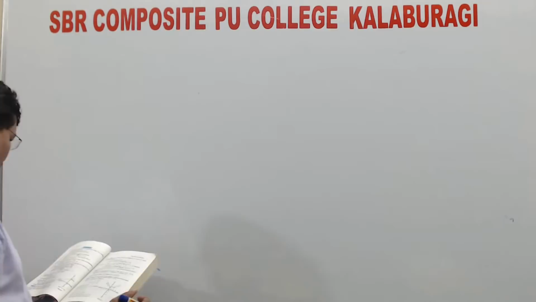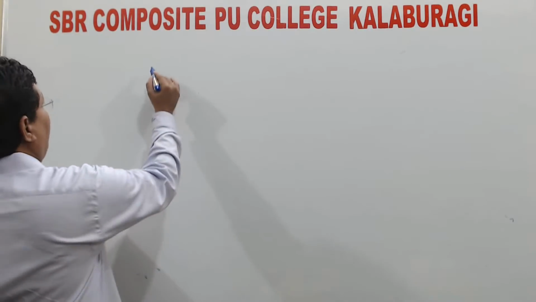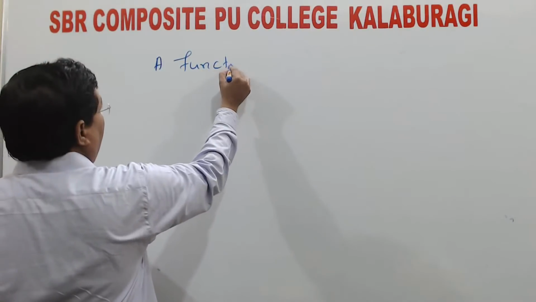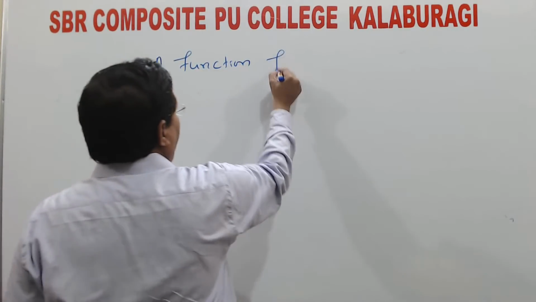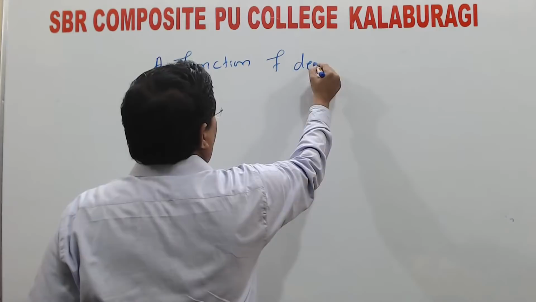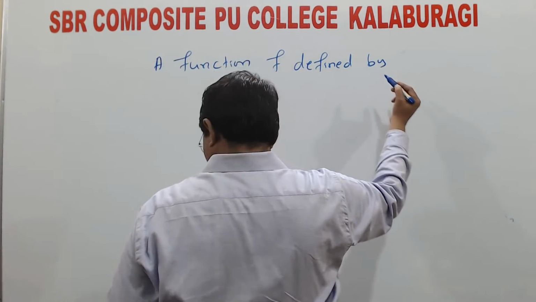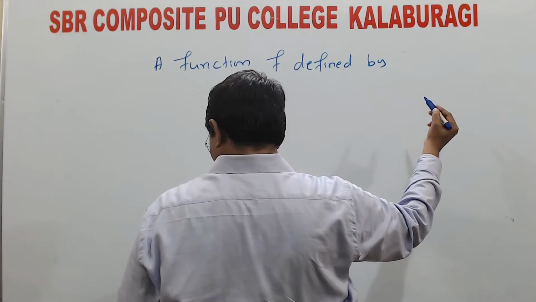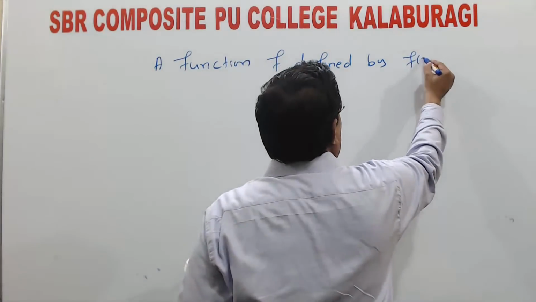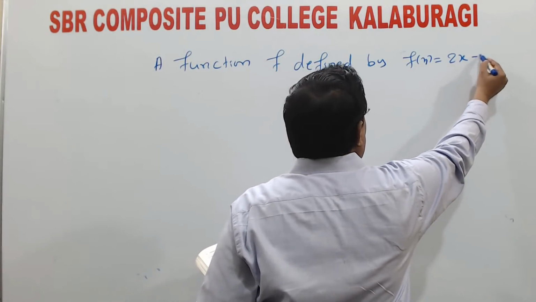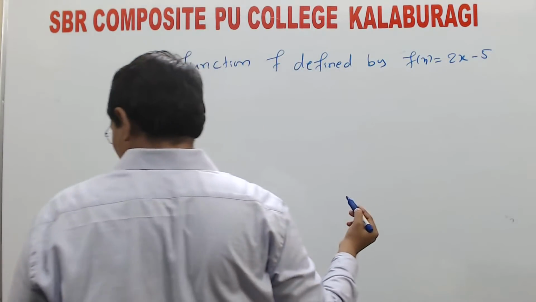Simple. A function, third question. A function f defined by f of x equal to 2x minus 5.